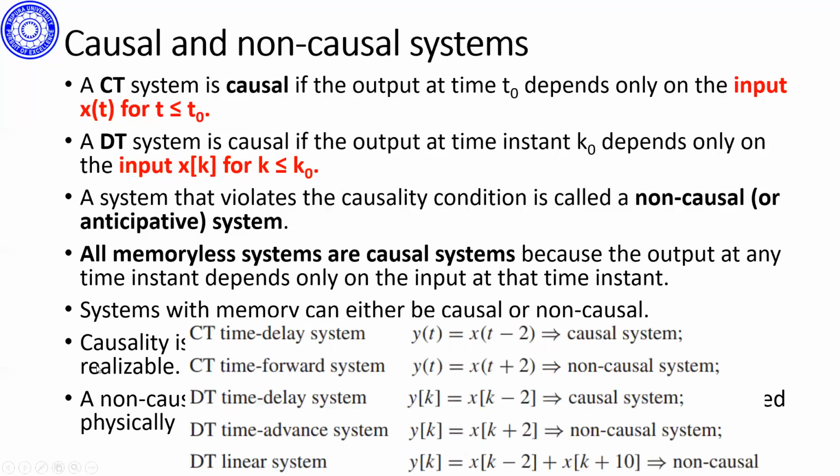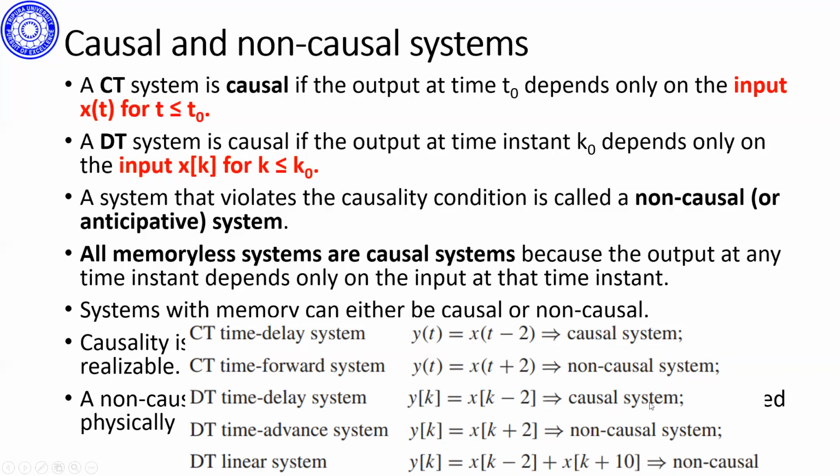If it is a continuous time delay system like y(t) equal to x(t minus t0), there is a time delay. It has memory, but it is a causal system. But if it is a time forward system like x(t plus 2), it depends on advance inputs which you are yet to get, so it is a non-causal system.